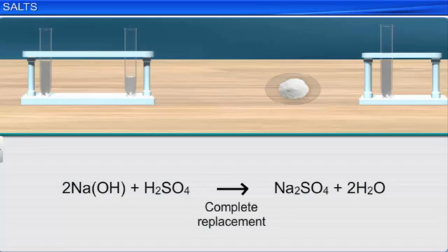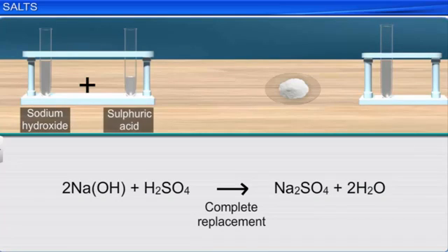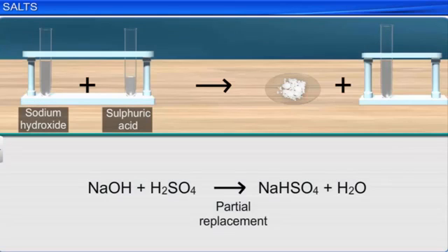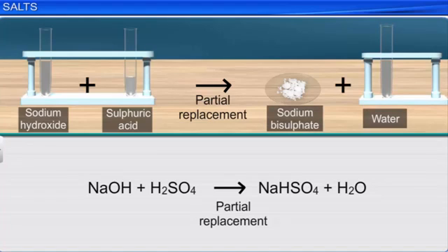Another example is the reaction of sodium hydroxide with sulfuric acid, where the complete replacement of the hydrogen ions of sulfuric acid with the sodium ions of a base results in the formation of sodium sulfate salt. On the other hand, the partial replacement of the hydrogen ions of the acid results in the formation of sodium bisulfate salt.